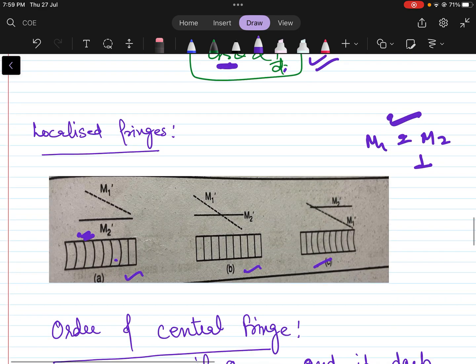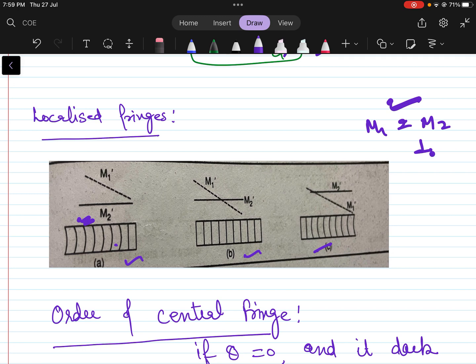Clear? I am repeating again what is localized. If the angle is not 90 degrees, it is less than 90 degrees, then the air film between M1 and M2 becomes wedge shaped.